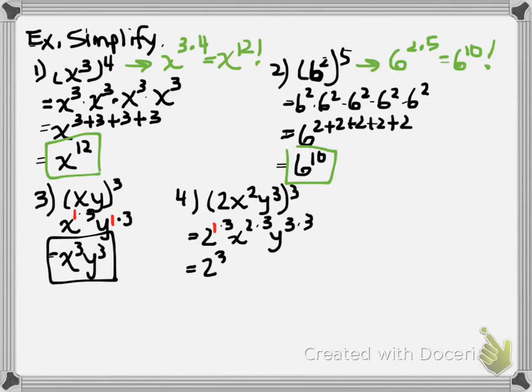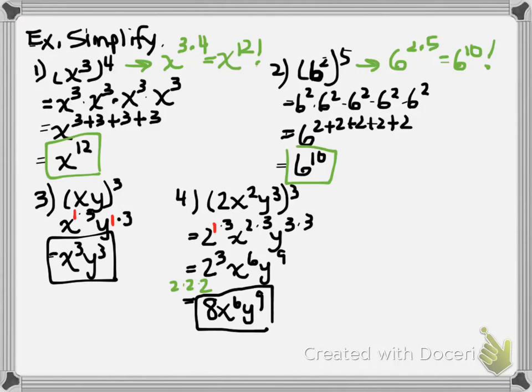So we get 2 cubed, x to the 6th, y to the 9th. And the one thing to remember is, if the exponent on a numerical base is 5 or less, then you actually have to multiply it out. So 2 cubed is just 2 times 2 times 2 for a grand total of 8, x to the 6th, y to the 9th. And that's that answer.